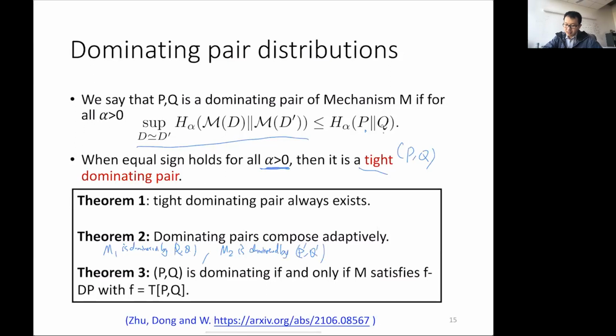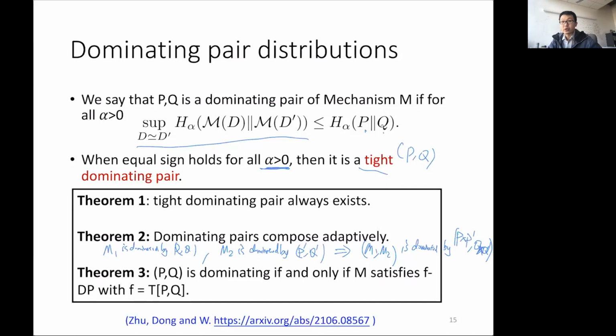Then this implies that M1, M2 together, the composition of M1 and M2, is dominated by the joint distribution of P and P prime, and the joint distribution of Q and Q prime.